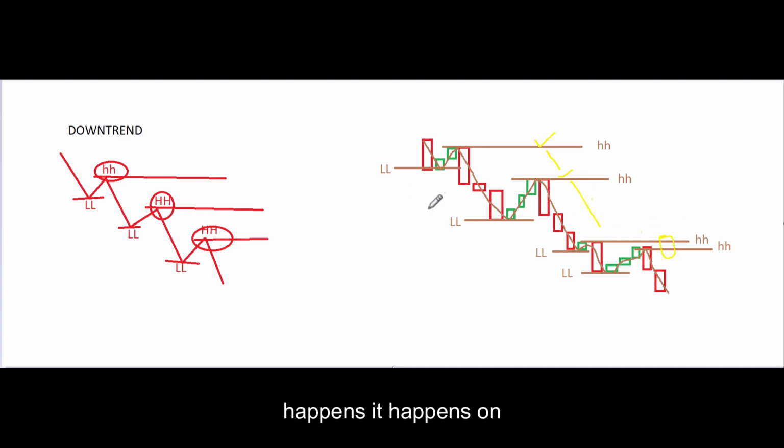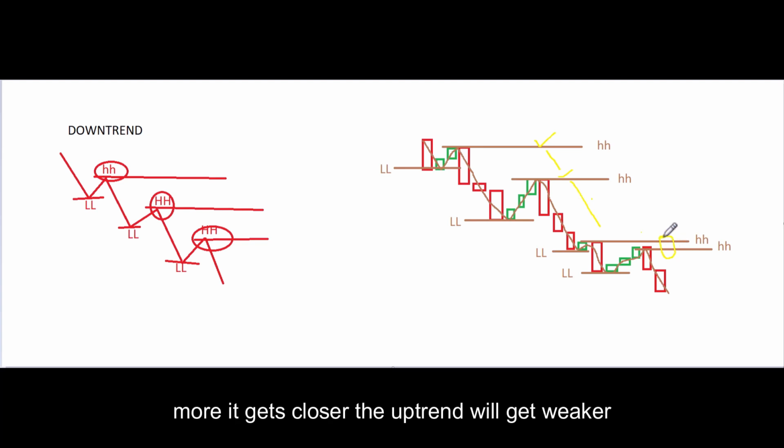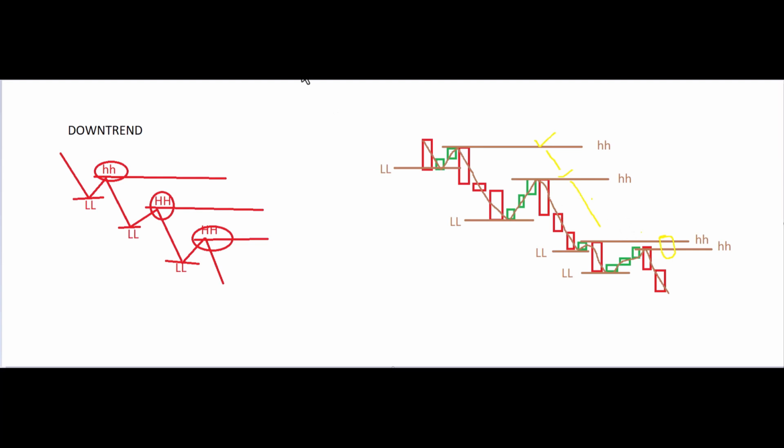When it happens, the opposite thing happens with an uptrend as well. I am just giving you an example with the downtrend. As you can see, these two higher highs are getting closer. The closer they get, the weaker the trend will get, and there will be a time, let's say, if this flow continues, then maybe there will be buyers here and there will be buyers here.